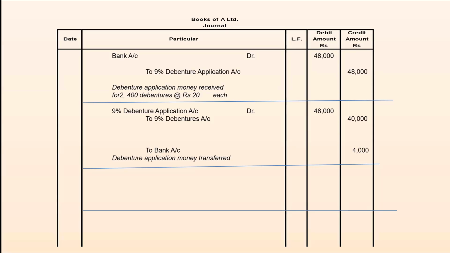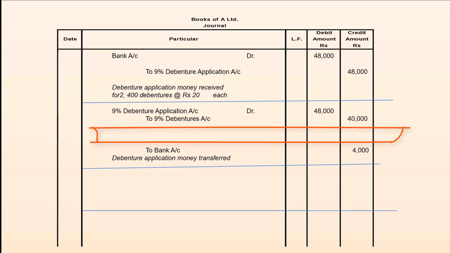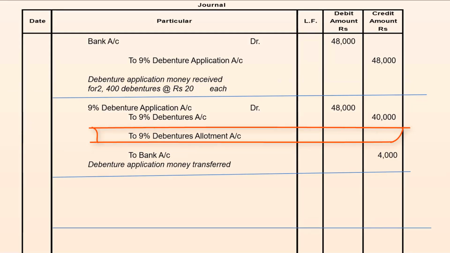Now, in the other set, that is in the one that was partially rejected or where prorata allotment was adopted, there is excess application money that is being retained by the company to be used later to set off against the allotment money when it becomes due. This amount, rupees 200 into 200 debentures equaling to rupees 4,000, is then transferred to the debenture allotment account.